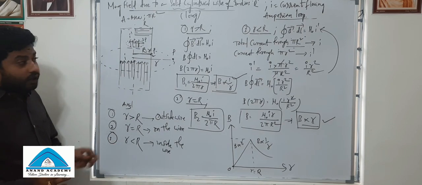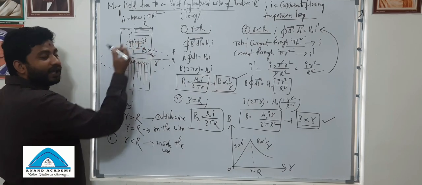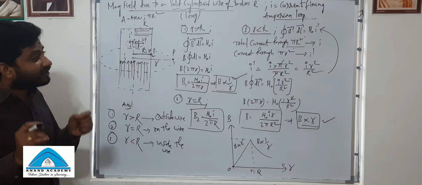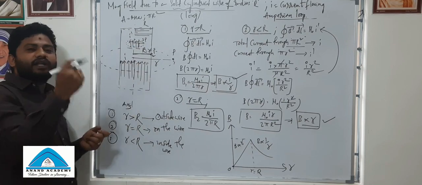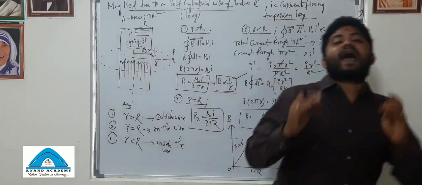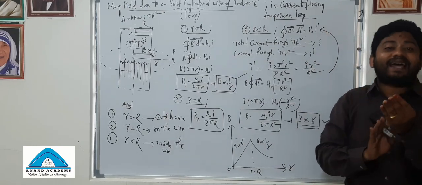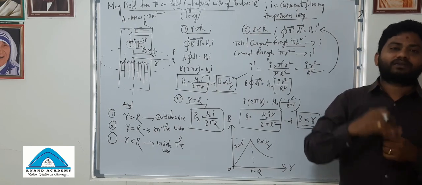Now, the third case: at any point inside, there is no current passing through, because in the solid cylindrical case current passes through each and every part of the cylinder, whereas in a hollow cylinder there is no medium inside for the current to pass through.